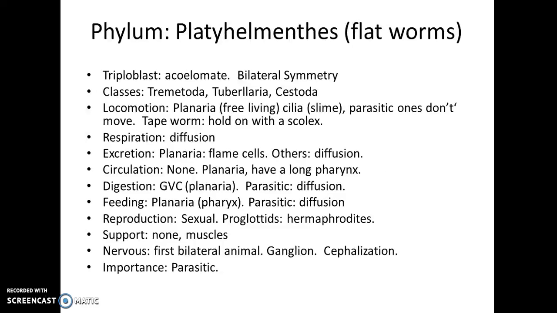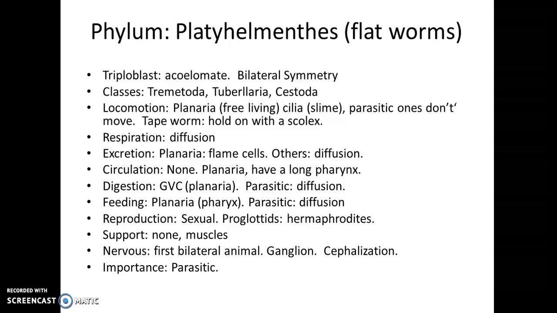The reason I talk about this is because we're getting into triploblasts, and that's what platyhelminthes, the flatworms, are. They are triploblasts, they are acoelomates, so they have no space. Bilateral symmetry, they have to be since they're triploblasts. Trematoda, Turbellaria, Cestoda, those are the three classes.